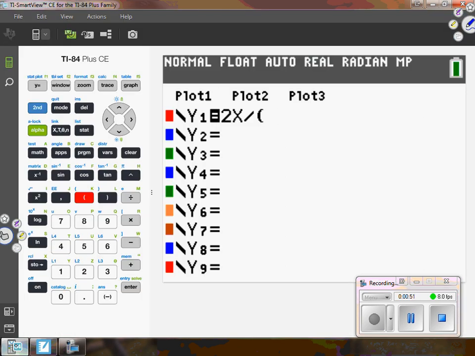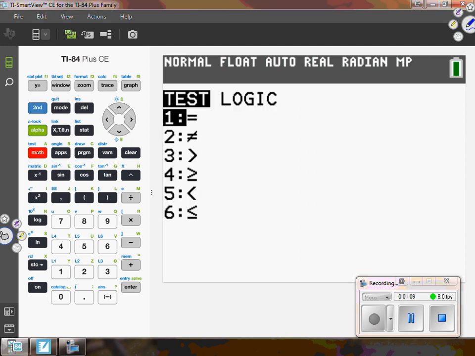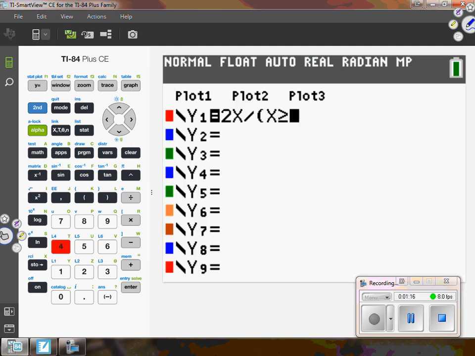So here's how we do that. First we're going to tell it to be greater than or equal to -3. So you type x, then the greater than or equal to sign is on the test menu. You want to go to second, math, and go down to number 4, which is the greater than or equal to, and -3.